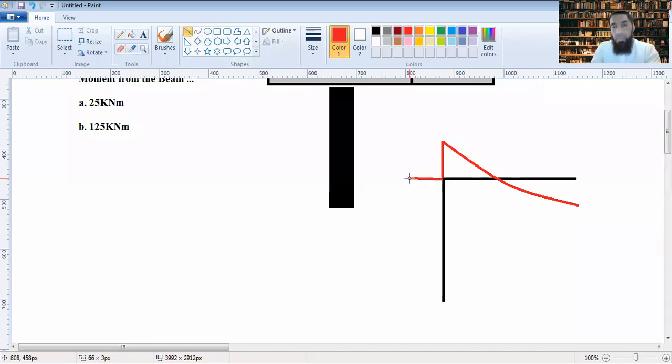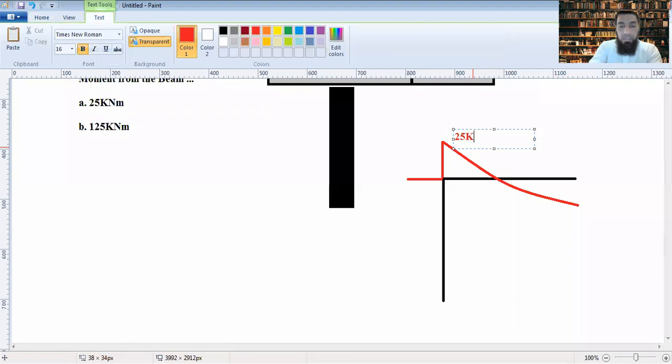Similarly, it will be the same here. If this is 25 kilonewton meter, this will be 25 kilonewton meter because this is the joint.